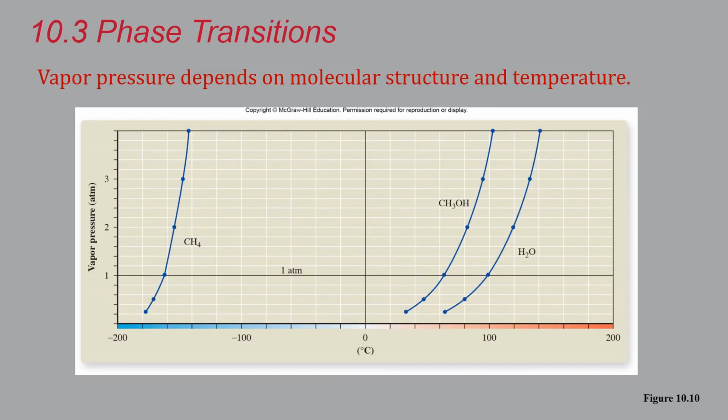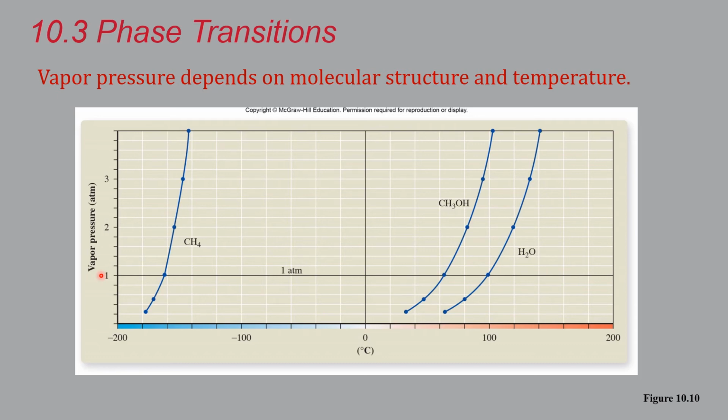So what I've got here in this graphic is showing you the vapor pressure exerted by three compounds, methane, CH4, methanol, CH3OH, and water, at a variety of different temperatures. This is in degrees Celsius. And for clarification, 1 atmosphere of pressure is noted right here. So I want you to look at this graph, and you can look at it in a couple of ways.